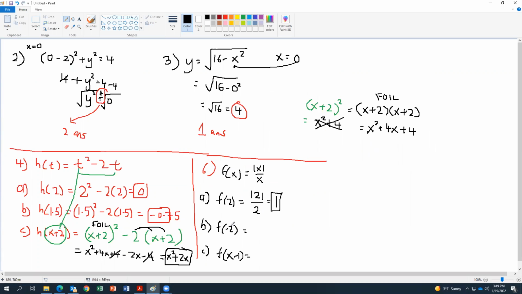When you plug in negative 2 for your x, you get the absolute value of negative 2 over negative 2. As you guys know, absolute value means it's always positive. So this will become 2 over negative 2. You get negative 1.